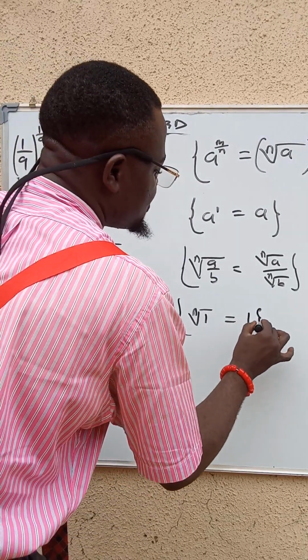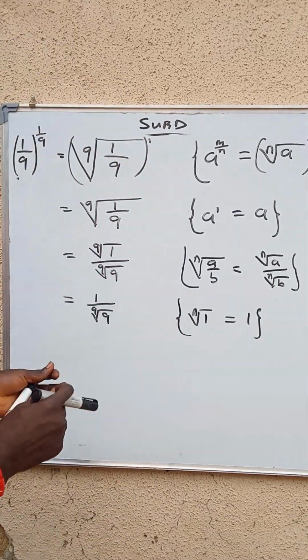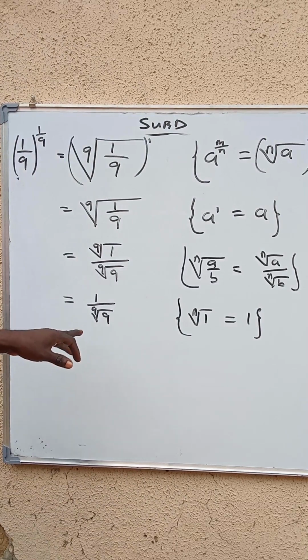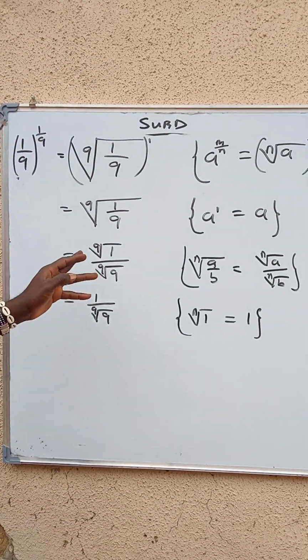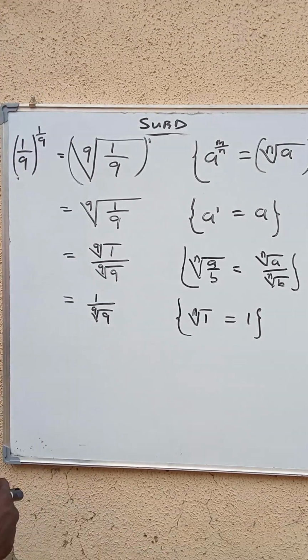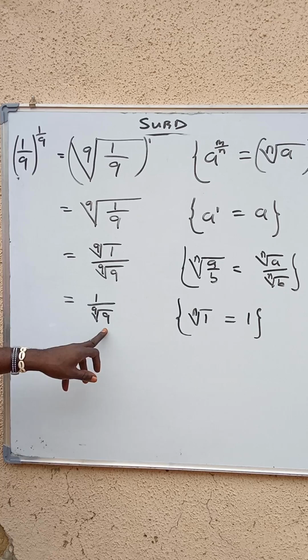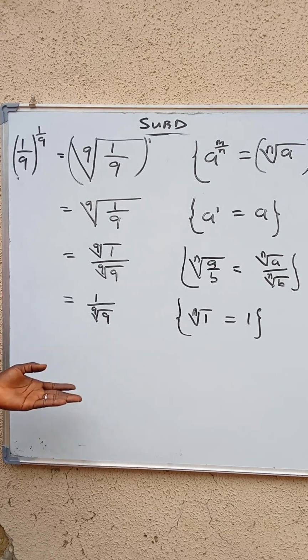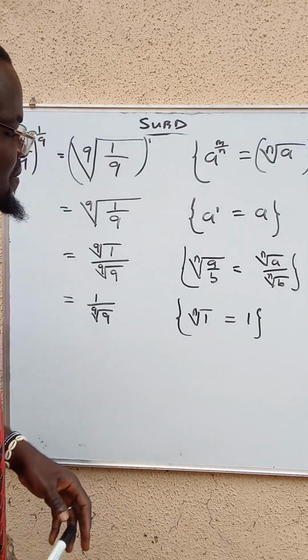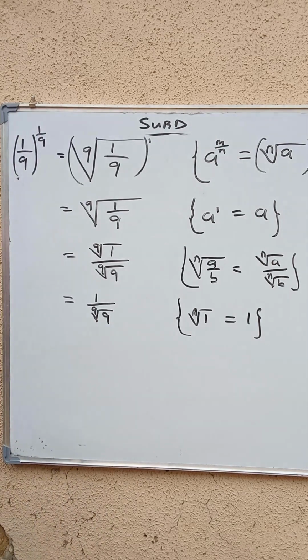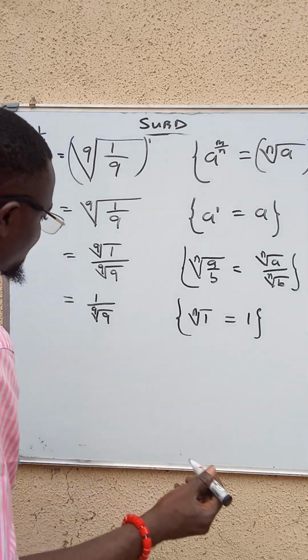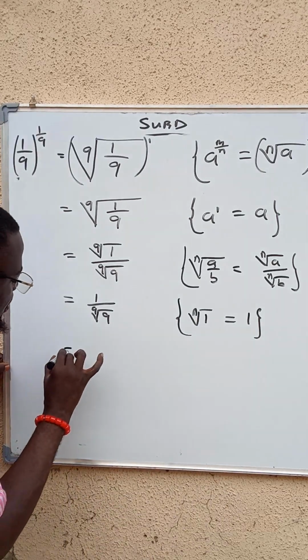So if I have the nth root of 1 to be 1, it simply means that the 9th root of 1 is 1. Then left with this. Yes. So from here, you can do justice to it, but I will not let that be for now. What I'll do again is to bring it like this.